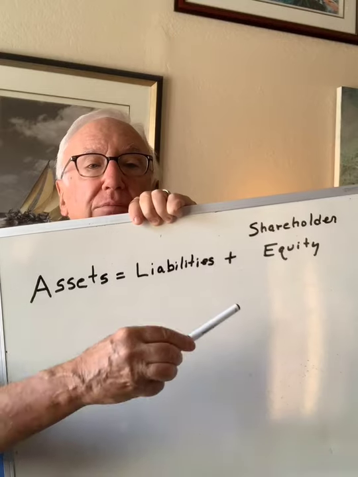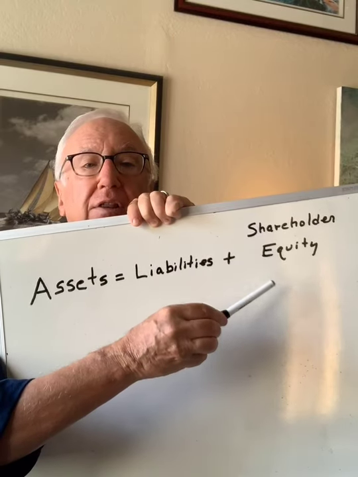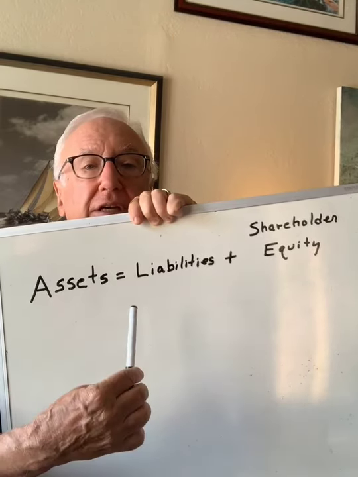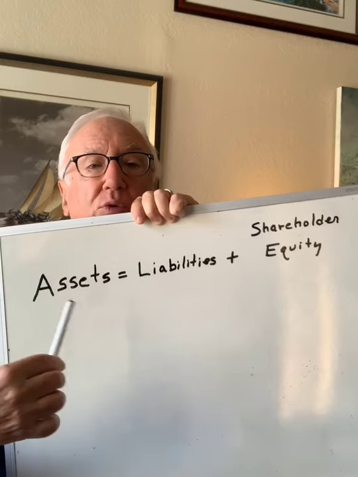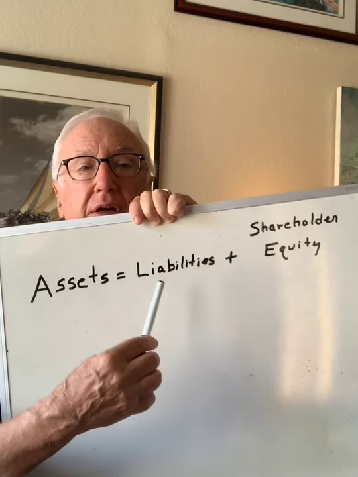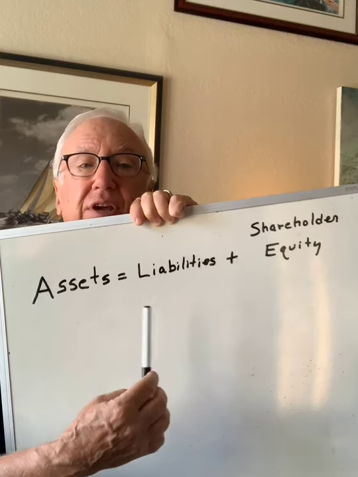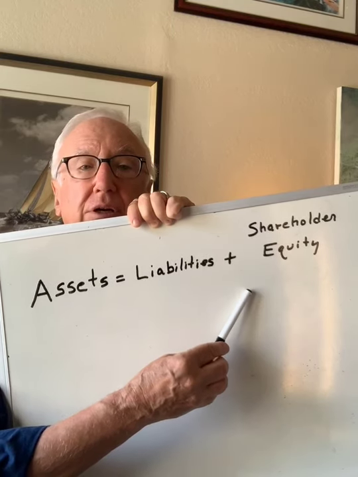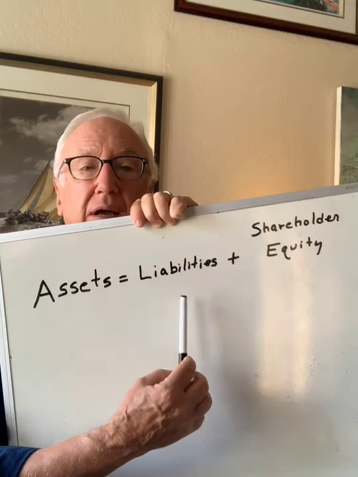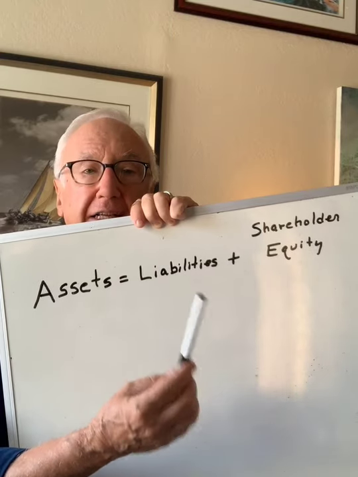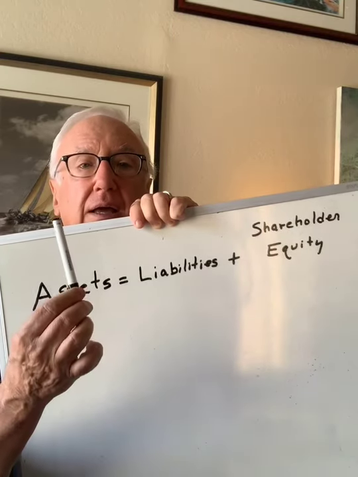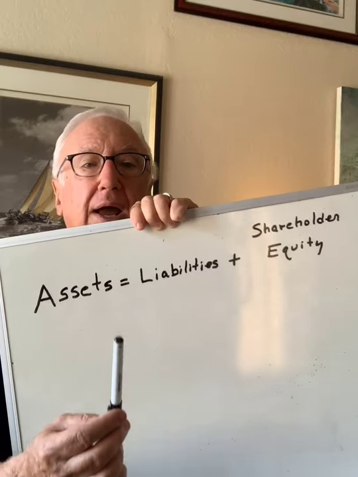And so it becomes the number that is plugged into the equation that makes liabilities equal assets. Because as you can see, shareholder equity is on the same side of the equation as liabilities. That's because shareholder equity is a liability to any company.